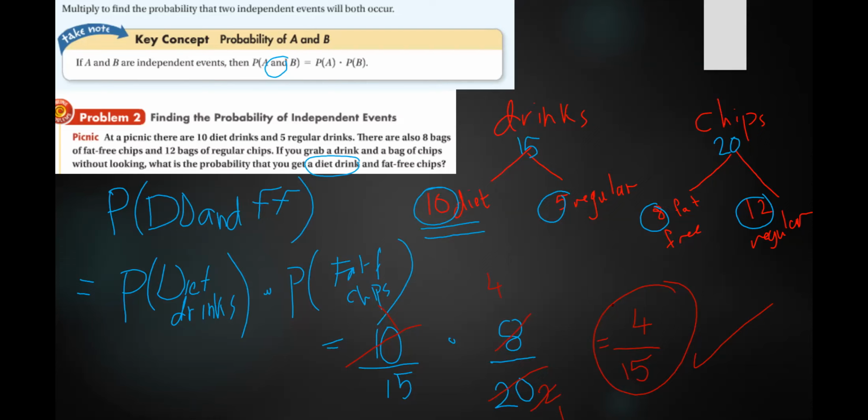So the probability of event A and event B will be the multiplication, the product of A times B. Stay with me step by step. This is independent, so the probability of two independent events, A and B, will be the product of the probability of event A times the probability of event B.